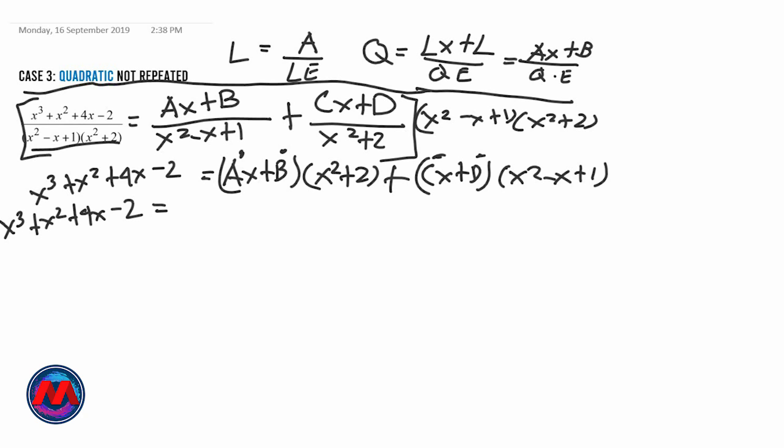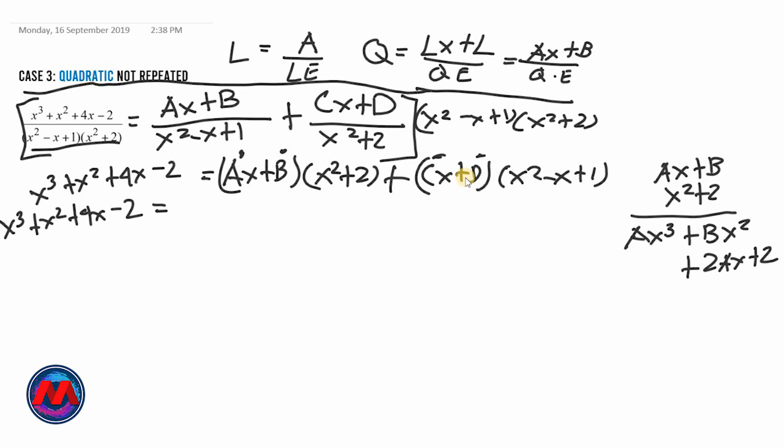So, imumultiply natin itong dalawa para ma-expand natin siya. That's ax plus b times x squared plus 2. Multiply natin yan. Ax times x squared is ax cubed plus bx squared plus 2ax plus 2b.